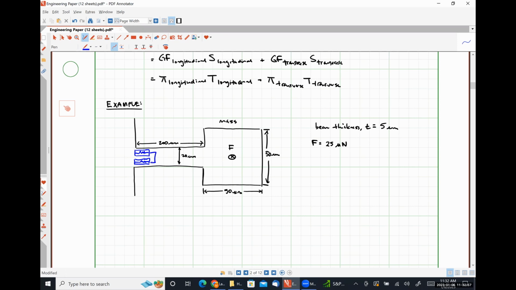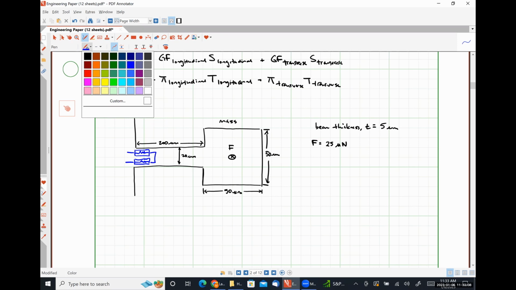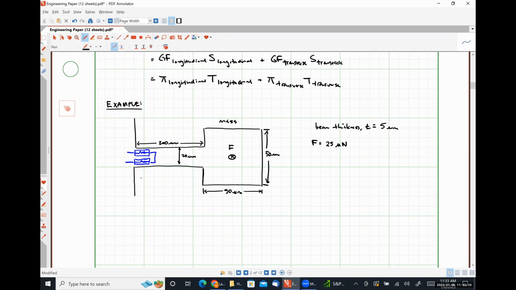So I'm going to have two piezo resistors in series. Connected like so. This is going to be the 110 direction of our crystal.